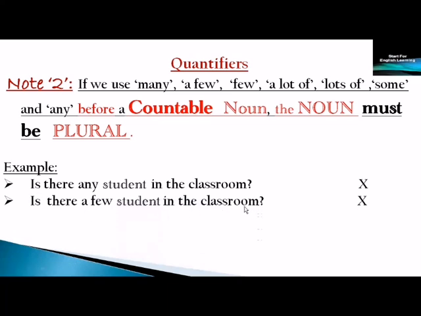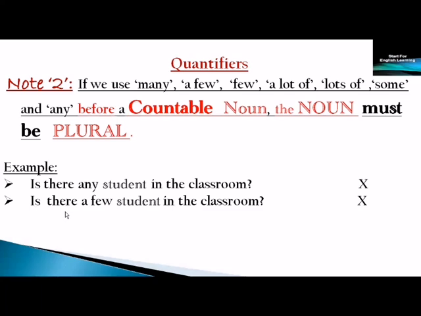Is there a few students in the classroom? It's incorrect. Why? Please refer to the note above. If we use many, a few, before a countable noun, student is a countable noun, the noun student must be plural, and the verb should match with the noun.